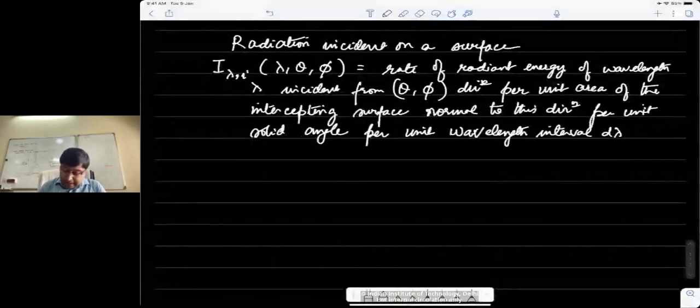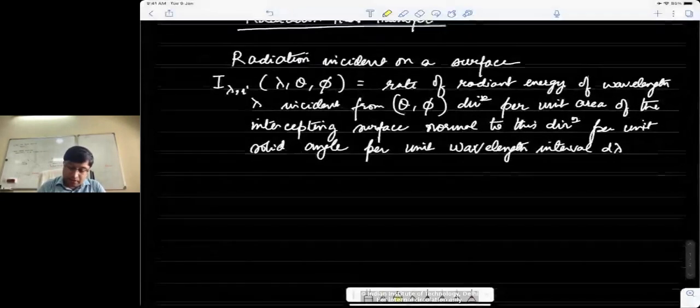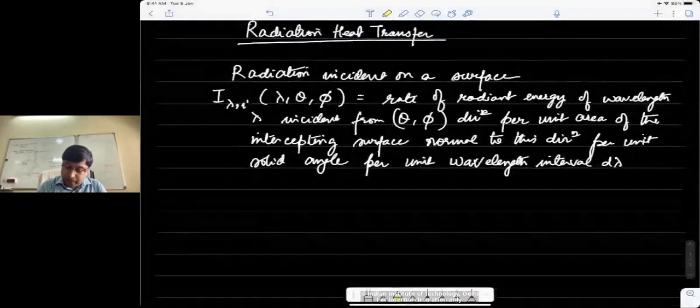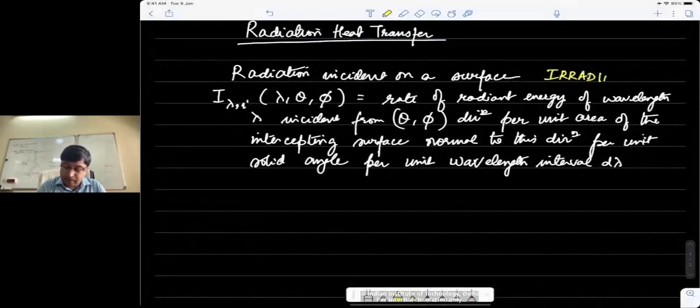So we define incident radiation to be, it's called irradiation. So when I say irradiation, I would be saying that this is irradiation, on a surface.